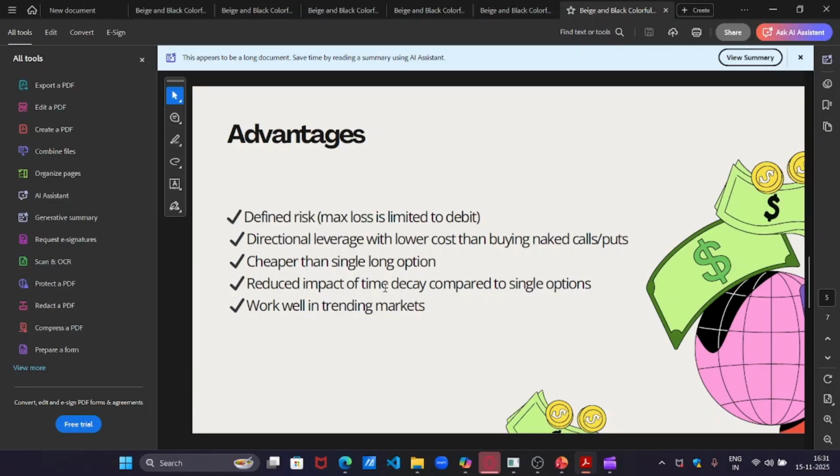So that will reduce the impact of time decay. Theta decay will be less here because we are having a hedge, which is the selling leg, and it works well in trending markets. So if the market is trending, then this strategy works really well.